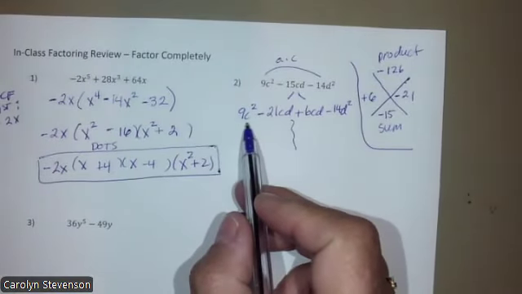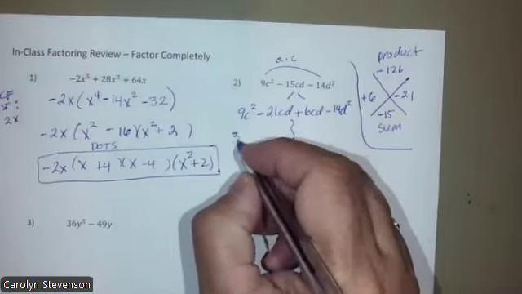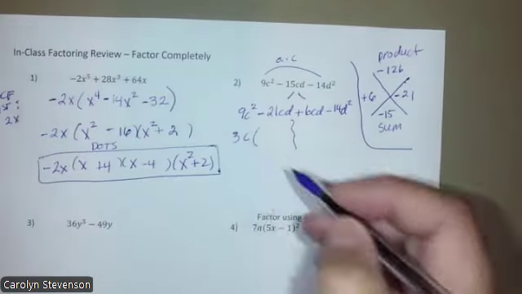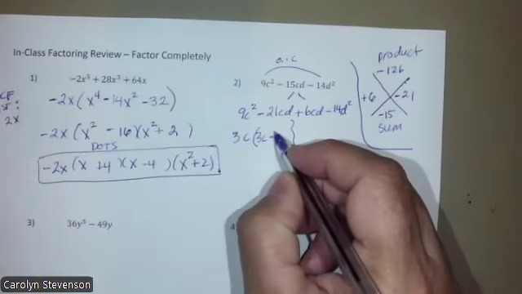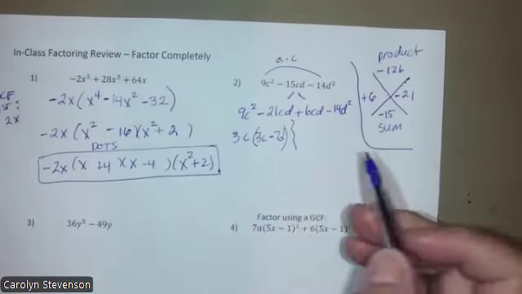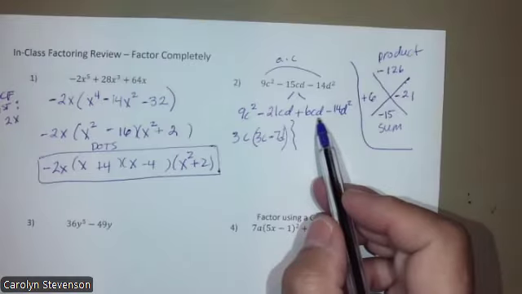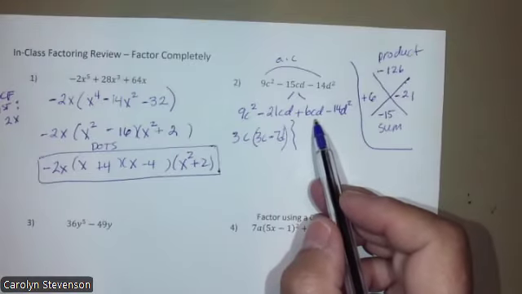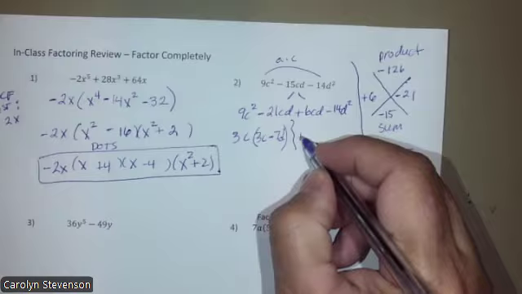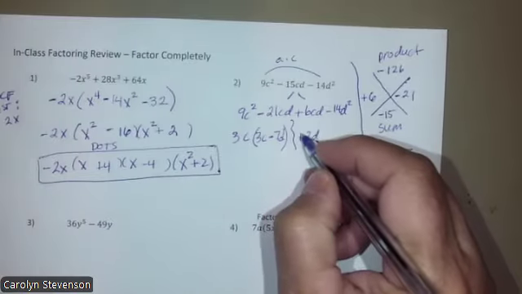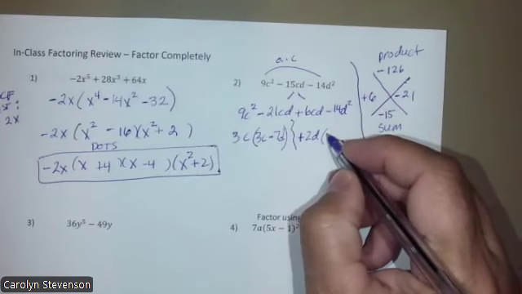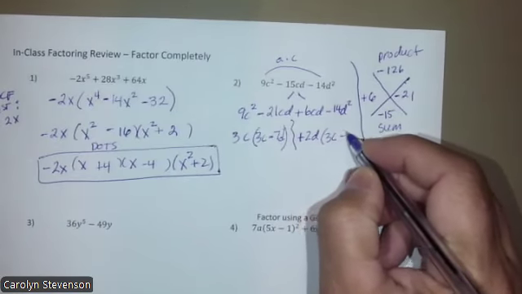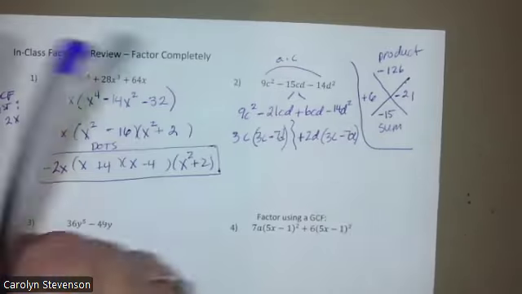So we have 3C common over here. So I'm going to leave it with 3C minus 7D. On this side, we have a plus 2D. And whatever the sign is here is what you want to bring down here. So 3C minus 7D.